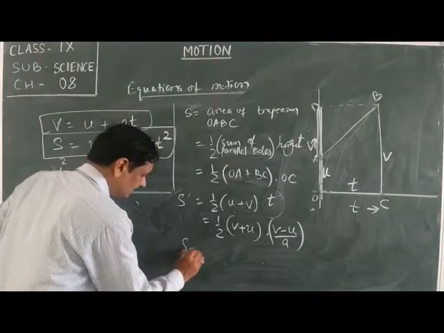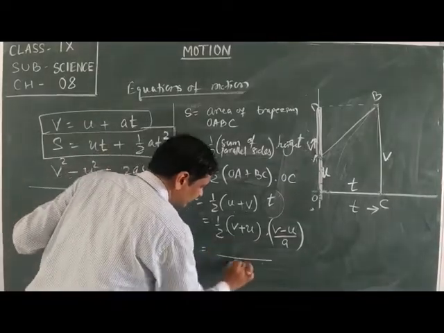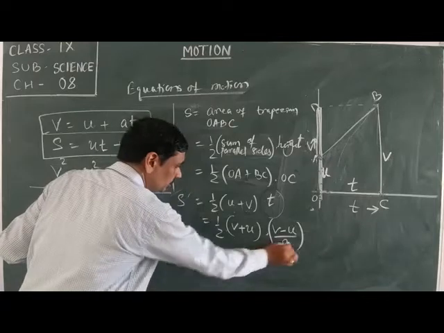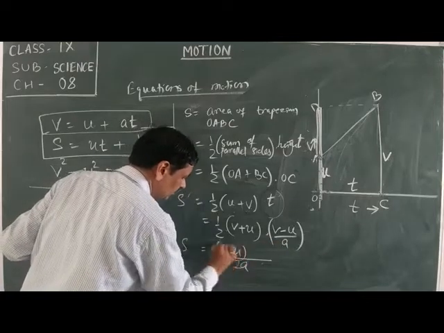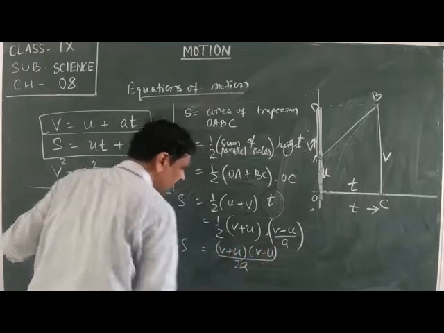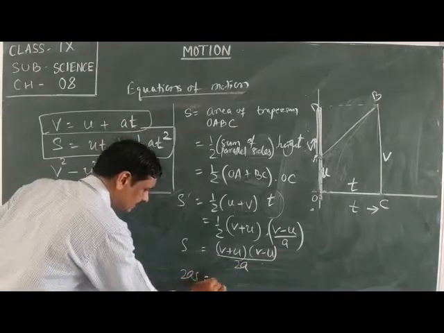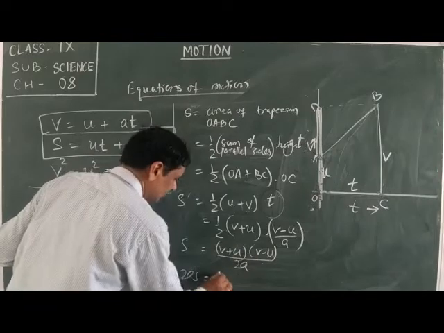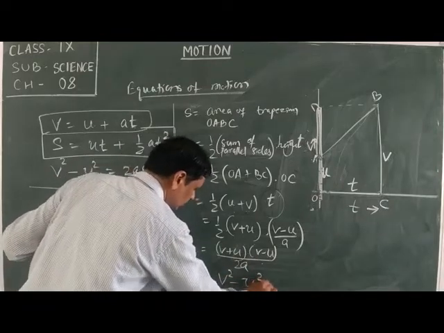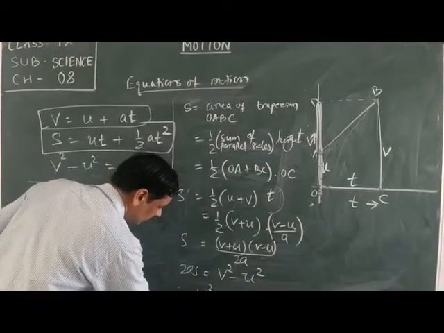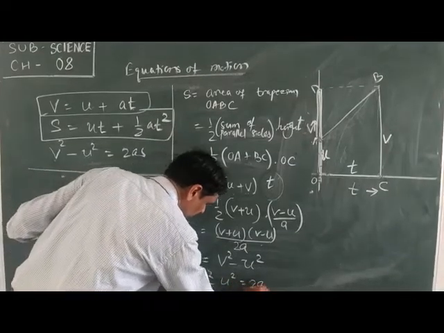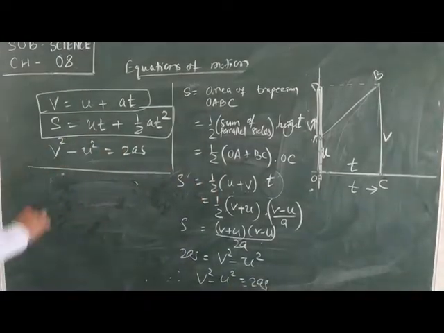Now s is equal to, with LCM 2a, v plus u into v minus u by 2a. This 2a comes to the left and becomes 2as is equal to v plus u into v minus u, that is v square minus u square. Therefore v square minus u square is equal to 2as. It is derived, the third one.